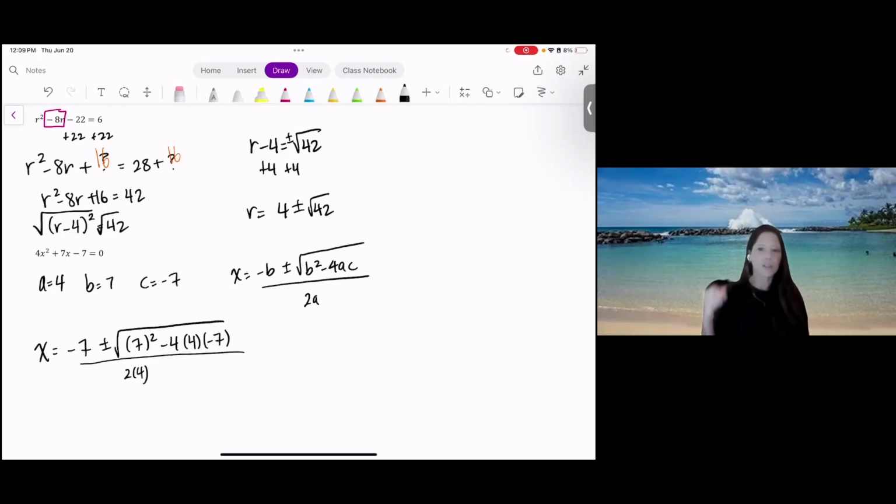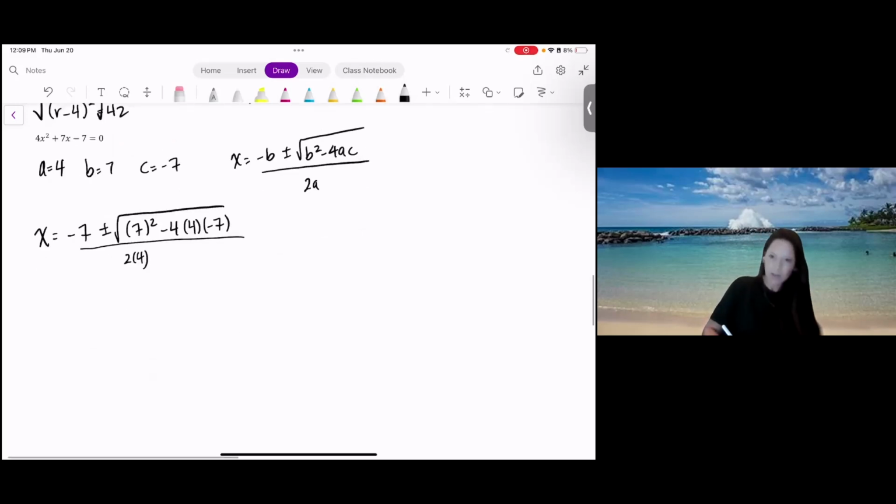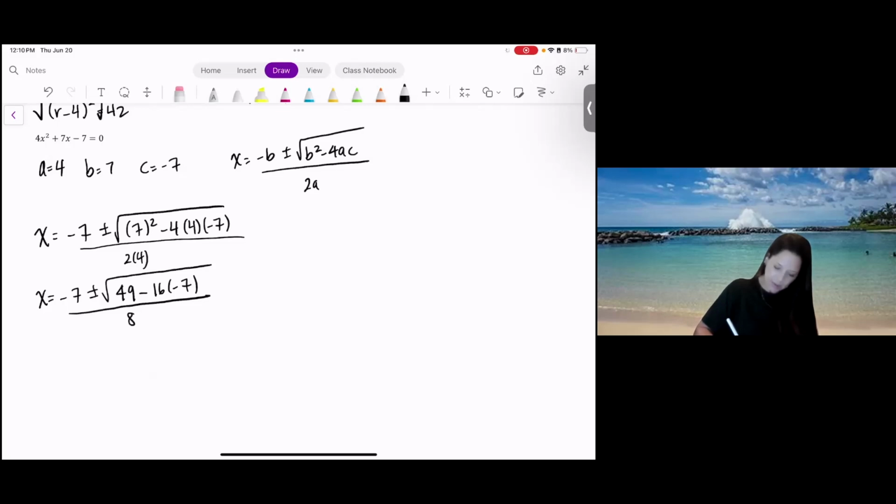And here's why I just start to simplify. Start doing the math to get things down until I get it into its most simplified form. I don't like decimals, like I said. I want an exact answer. That means if there's not a perfect square in here, I want to leave it with a root. X equals negative 7 plus or minus the square root of 7 squared is 49 minus 4 times 4 is 16 times negative 7 all over 2 times 4 is 8.